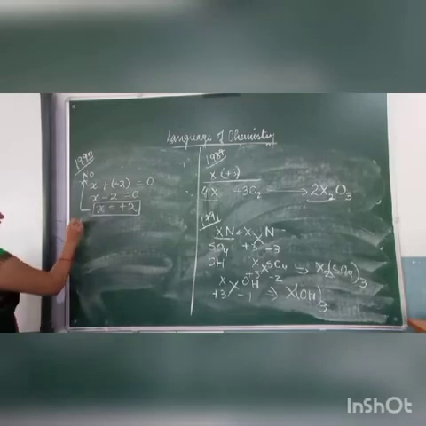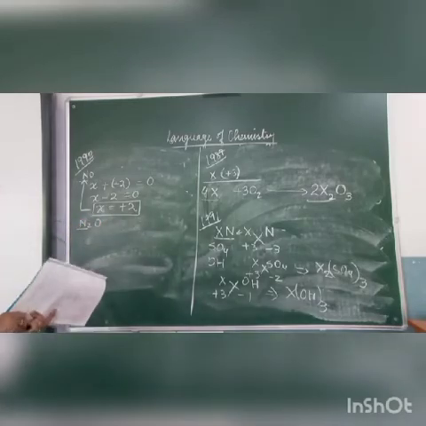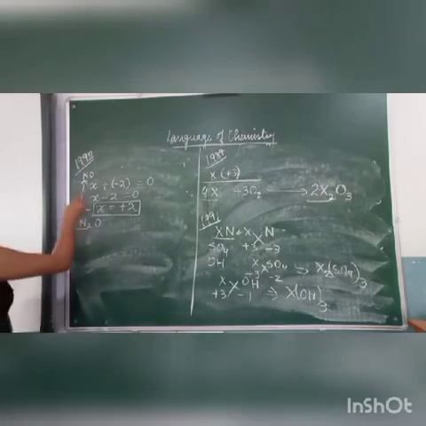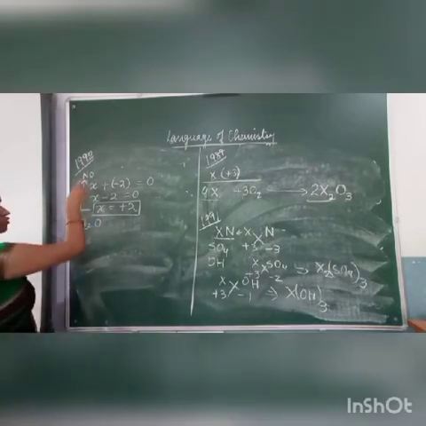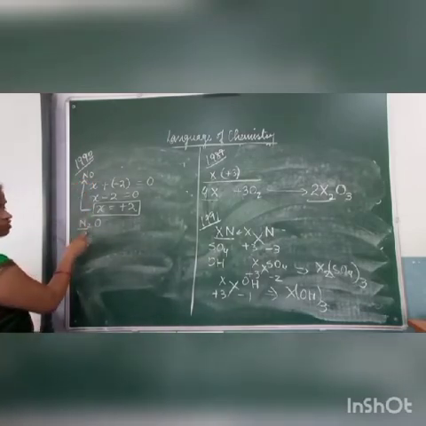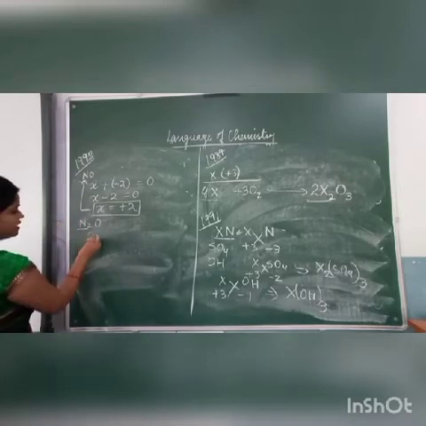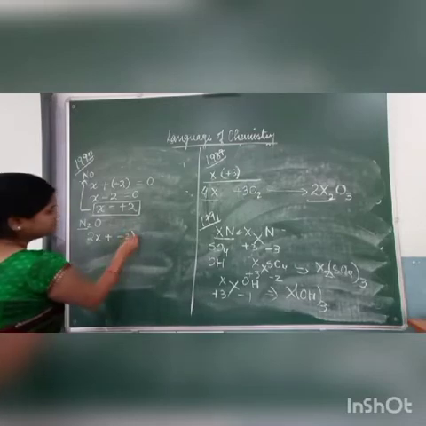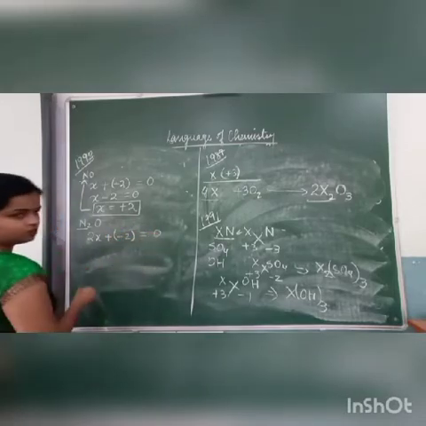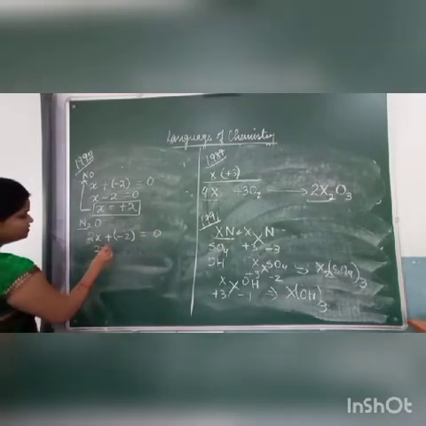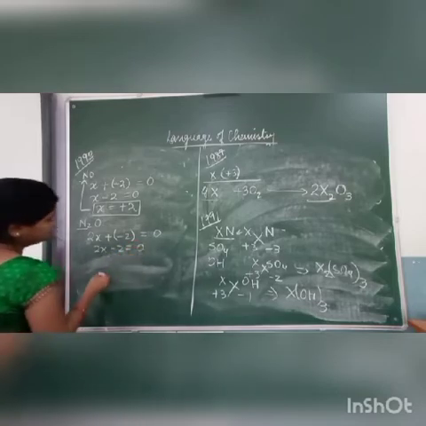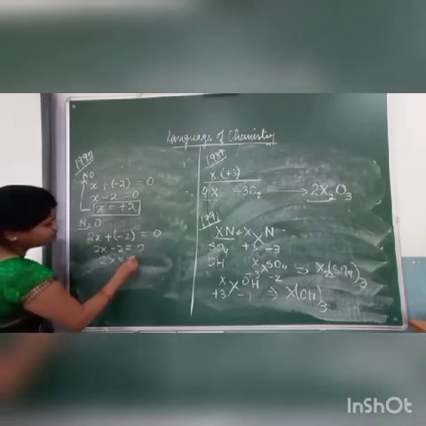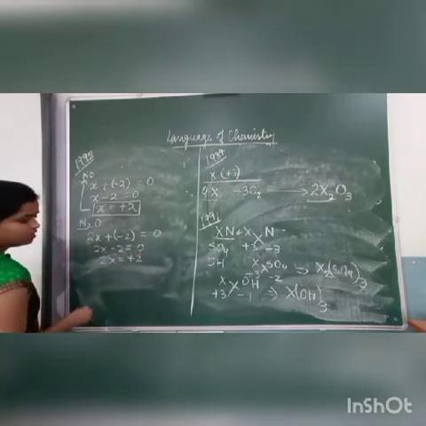Okay? Then second is given N2O. We have to calculate the valency of nitrogen here again. Now earlier only one X was there because there was one nitrogen. Here there are 2 nitrogen, so we will write 2X plus again oxygen is having minus 2 is equal to 0. 2X minus 2 is equal to 0, 2X is equal to plus 2.